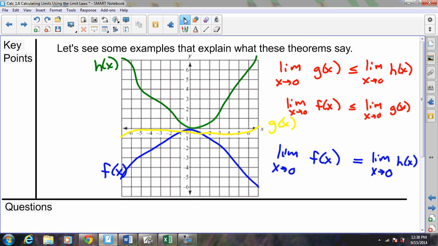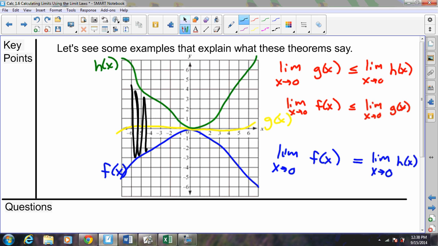But we further know that everywhere the graph of yellow is in between them. Noting over on the left, yellow is in between the green and the blue. On the right, yellow is in between the green and the blue.